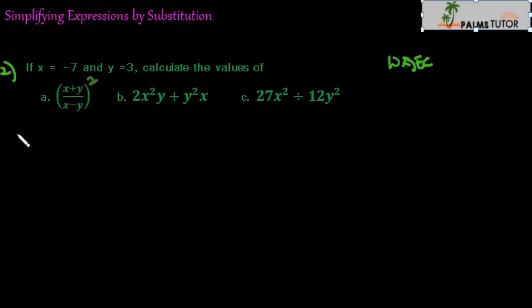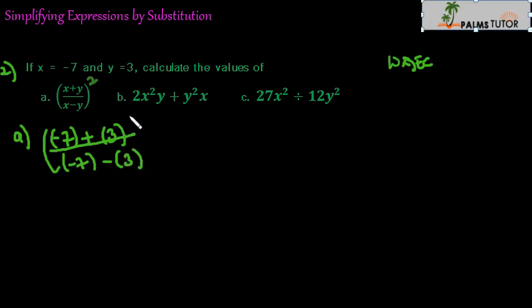So I'll take the first question. I have x is minus 7, so we have minus 7. I like to put my figures in small brackets. Plus y is 3, so we have 3 all over x is minus 7. I have another minus 7, then minus y, which equals 3, all squared.